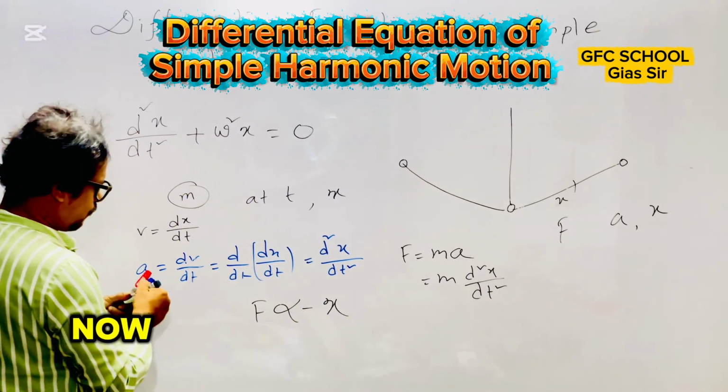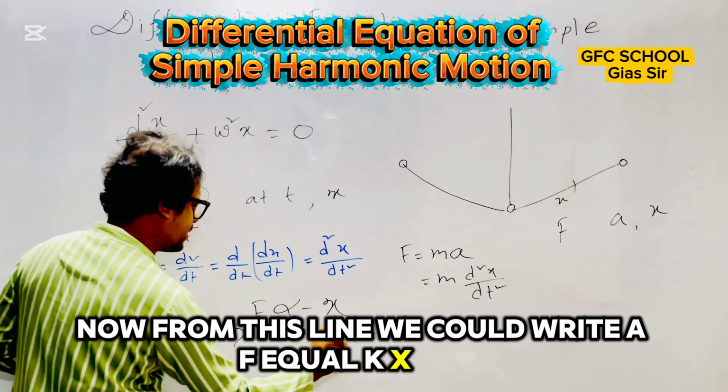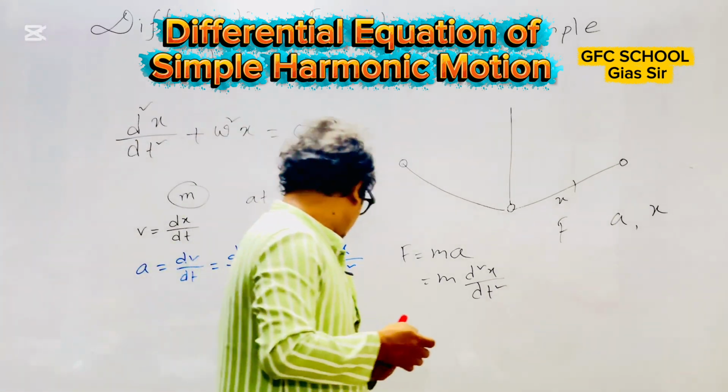Okay, guys, now from this line we could write F equals minus kx, where k is a constant.